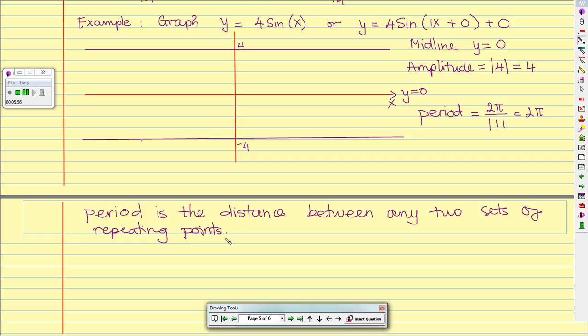For the sine function, each set will have 5 points. So for every 5 points, that distance will be 2 pi.